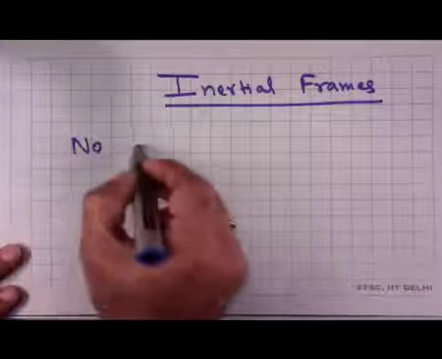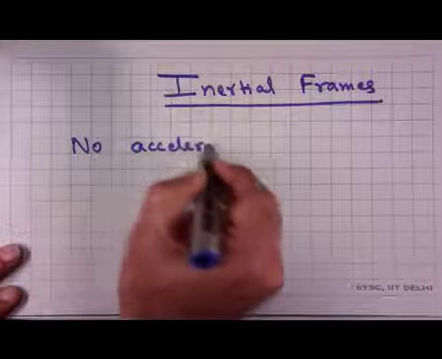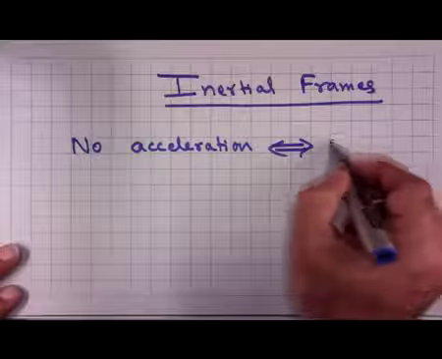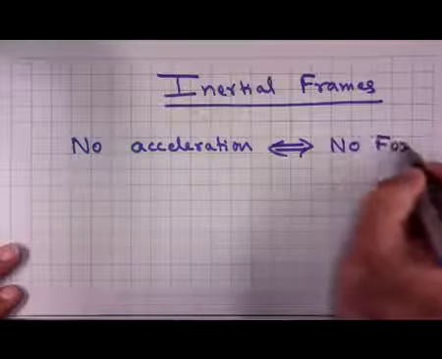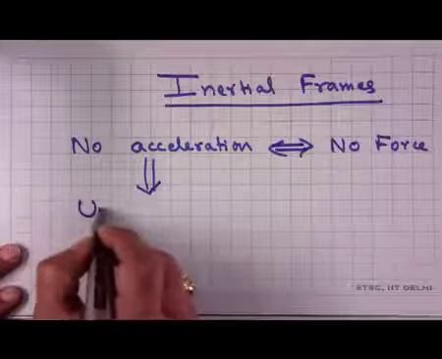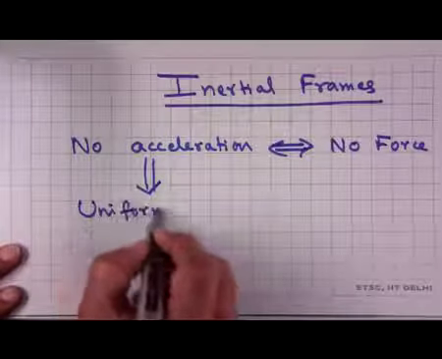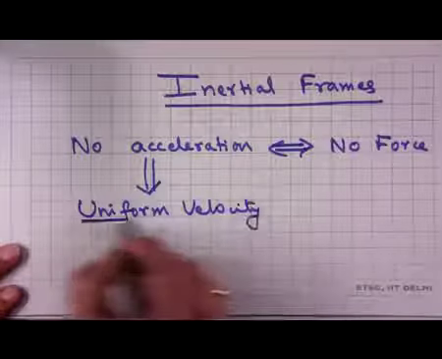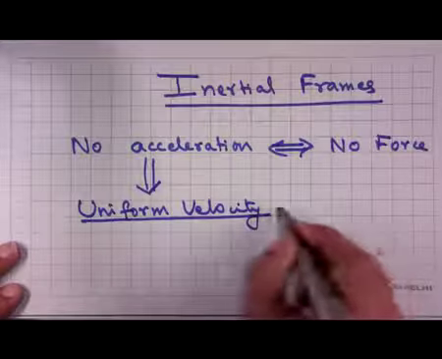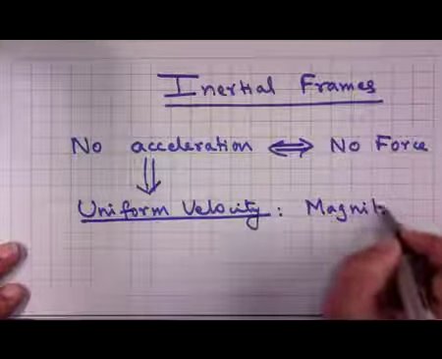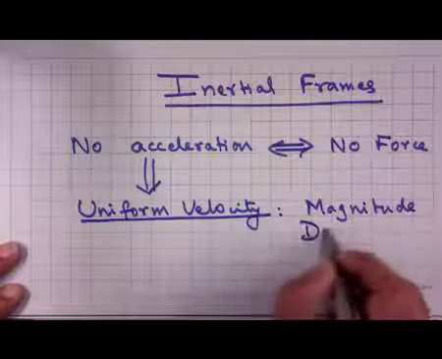In an inertial frame, no acceleration is equivalent to no force, and this implies uniform velocity. And what does uniform velocity mean? Magnitude, direction, both are fixed.